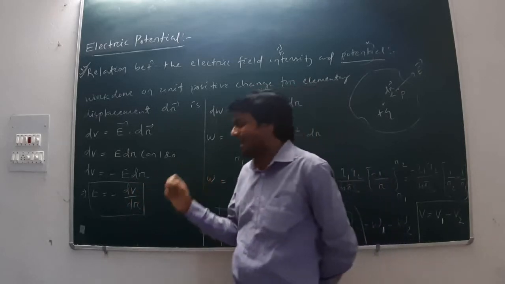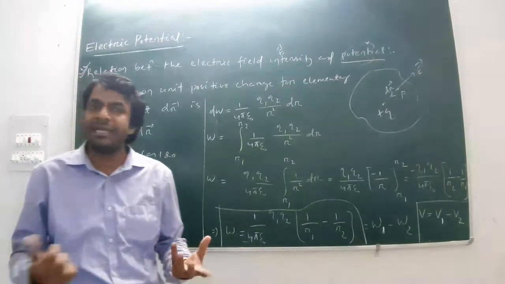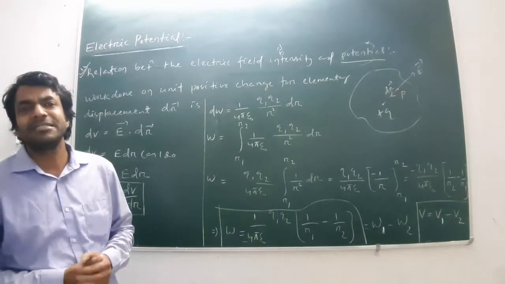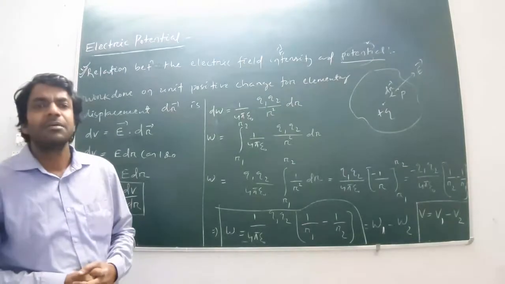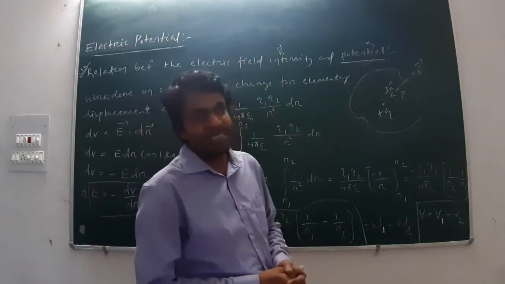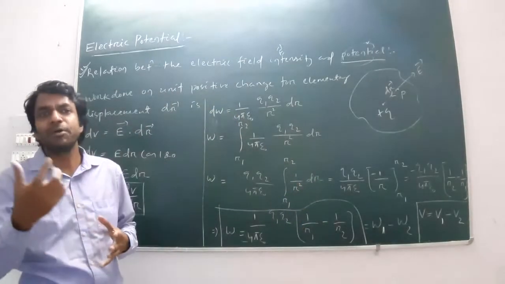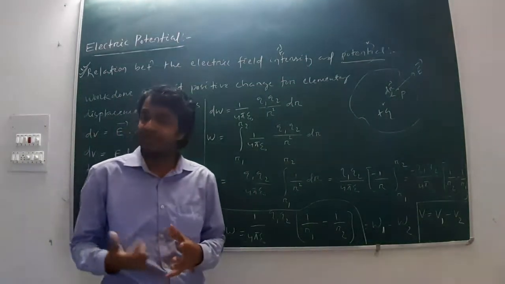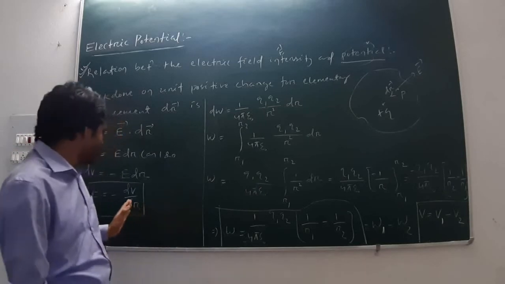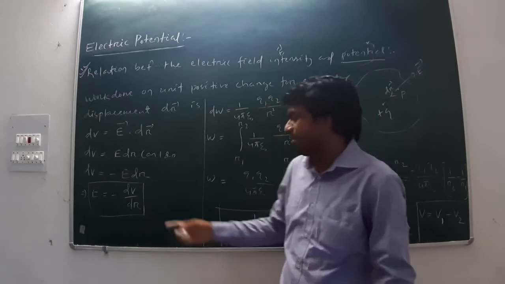Potential gradient means differentiating any physical quantity with respect to length. It is like velocity gradient. Velocity gradient means the derivative of velocity with respect to length. Similarly, potential gradient is the derivative of potential with respect to length, here the elementary displacement dr. Therefore I have written E is equal to minus dV by dr.